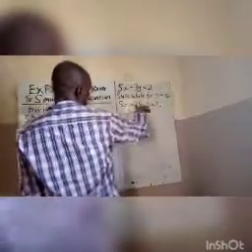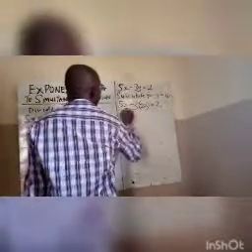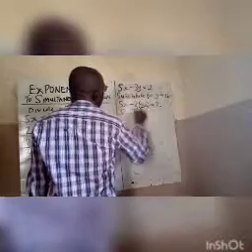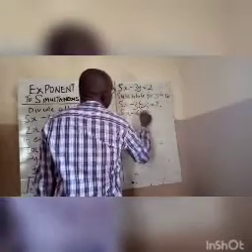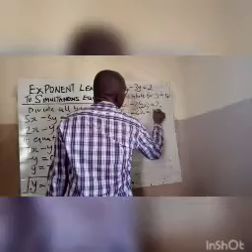Anywhere we see y, we replace it with 2s. So we have 5s minus 6s equals 2.